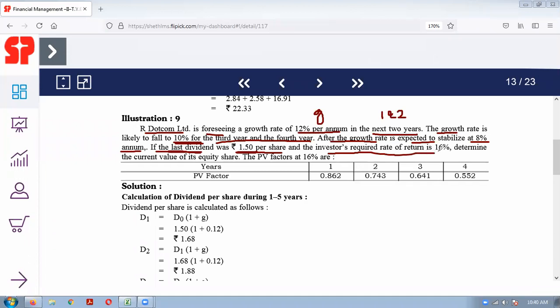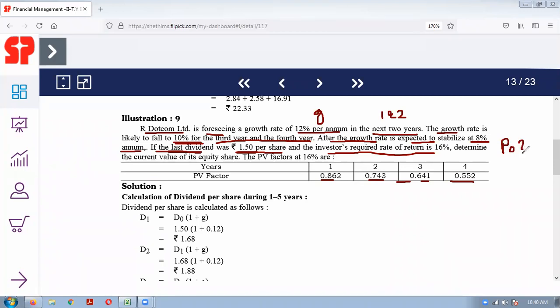This is the discounting factor. Here one advantage is that the discounting factor is given in the question itself, so there is no need to calculate it. They have already calculated and given you the PV factors. So in this sum, what is required? We have to find out the price, P0.